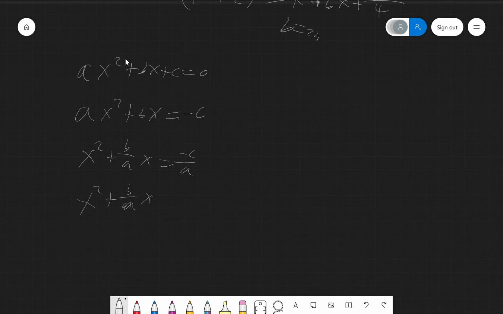So in this case, we add b over a squared over 4, and now that is b squared over a squared over 4, or b squared over 4a squared. Oh, frick.